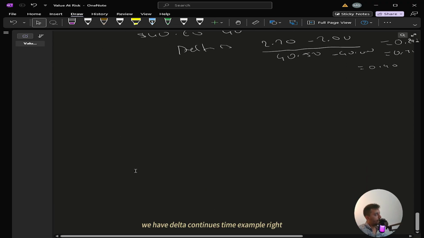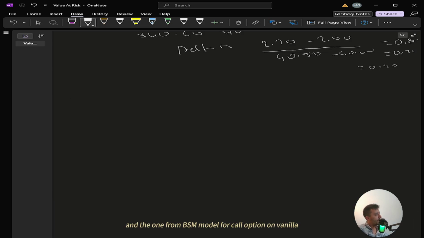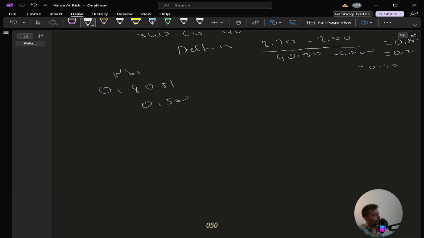We have a delta continuous time example, right? Assume N(d1) from the BSM model for a call option on vanilla common stock is 0.1, and if the price of the vanilla stock increases by 0.50, by approximately how much will the call price change?